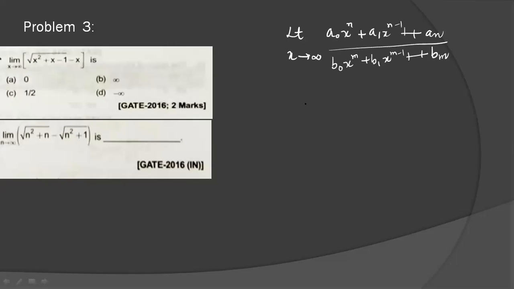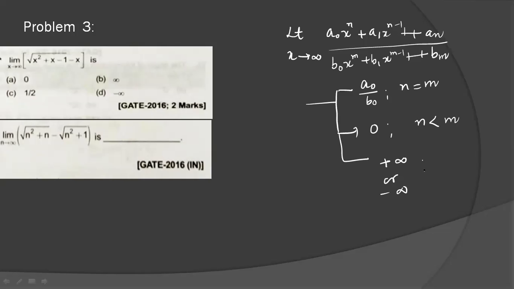See my lecture 15, where I have discussed this case in some results on limits. It is a naught upon b naught when the degree of numerator and denominator is same. It is 0 when the degree of denominator is greater, and it tends to plus infinity or minus infinity when n is greater than m, depending on the sign of a naught and b naught. Please keep this result in mind, as it will be useful in solving this problem.